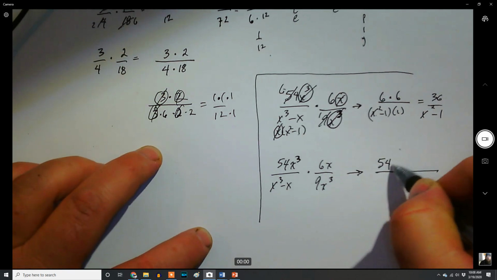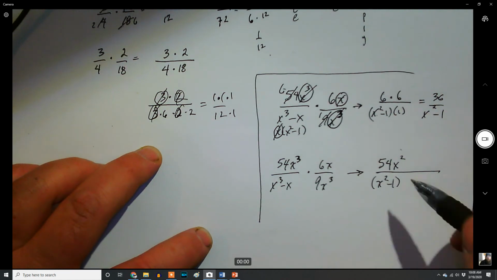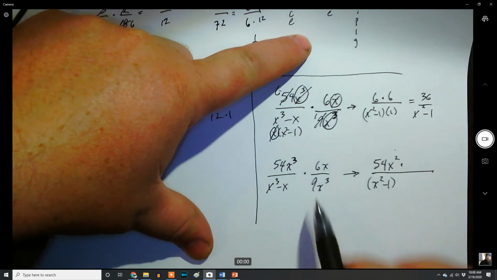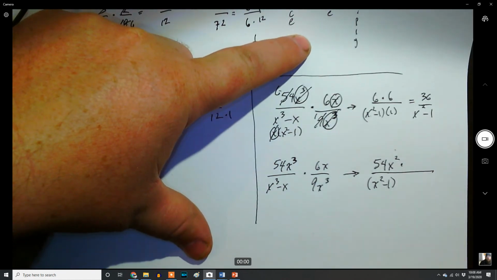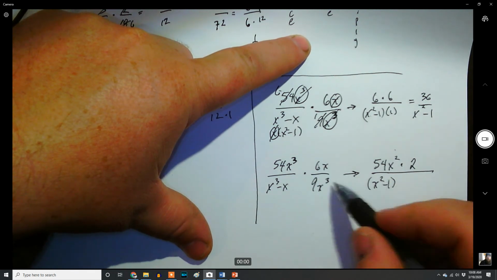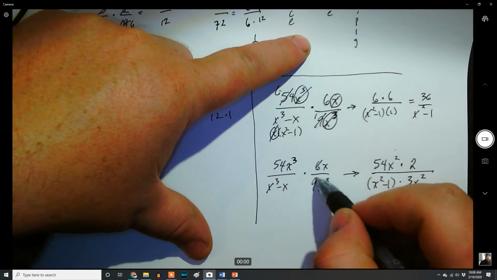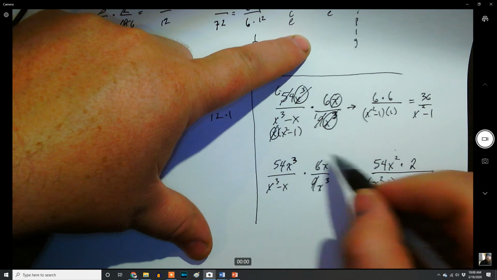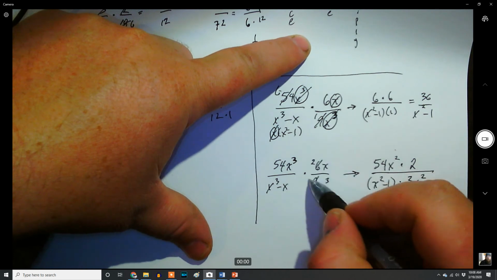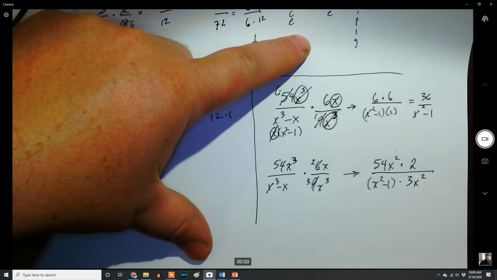So I'm going to have 54x squared over x squared minus 1, and then times, I would reduce this by x and by 3. So this is going to be 2 over 3x squared. I divide by 2 and by 3, I get 2 and 3. And x cubed, well, this would just be times 1, and that's x squared.